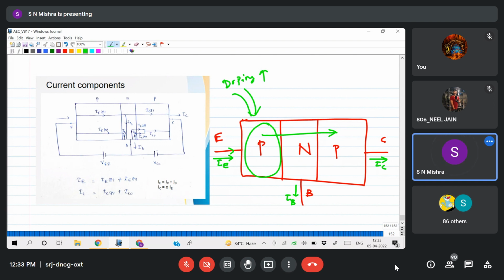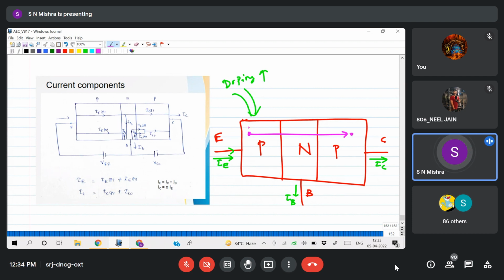Now, the collector is lightly doped and the base is also lightly doped. So what is my aim? My aim is to transfer the carriers from emitter to collector. The emitter will emit the charge carrier, and that carrier should reach the collector.